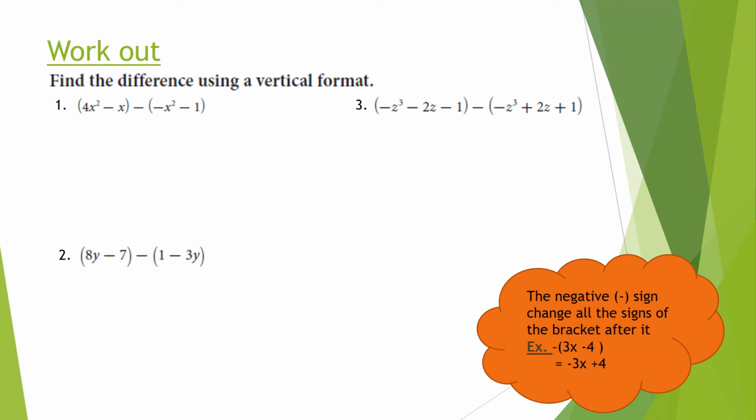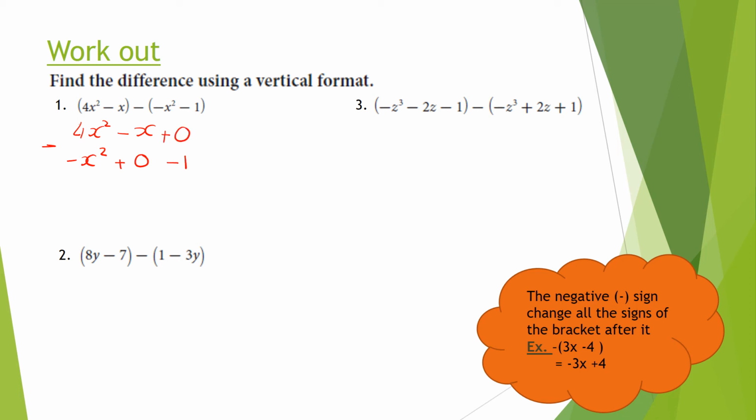Let's try ourselves. So 4x squared negative x, I'm going to put the 4x squared negative x, and I can put here the negative x squared, and there's no x, so it's going to be 0 here, then the negative 1, and I'm going to put over the negative 1 a 0 here.